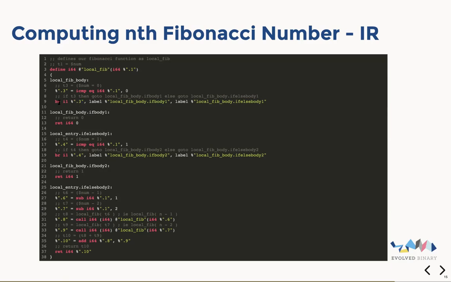So this effectively says if T3 is true, so if the number is 0, which we assigned up here, jump to this label if body 1, else jump to the label if else body 1. And then we can see we have this label here. So this if body 1 is returning the literal, the constant value, sorry, 0.